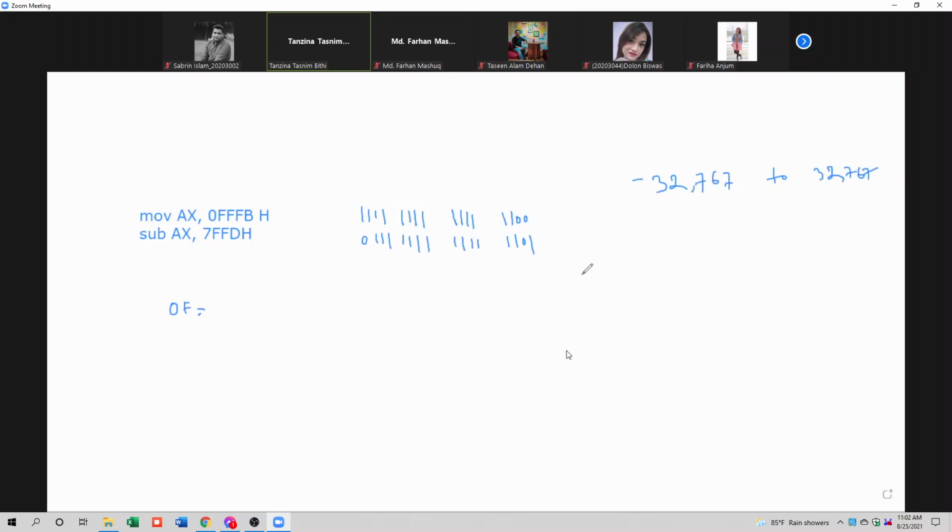This is the range of positive as well as negative numbers. So if the result is out of the range, then the value of the overflow register will be 1. Is that clear? Yes, ma'am.